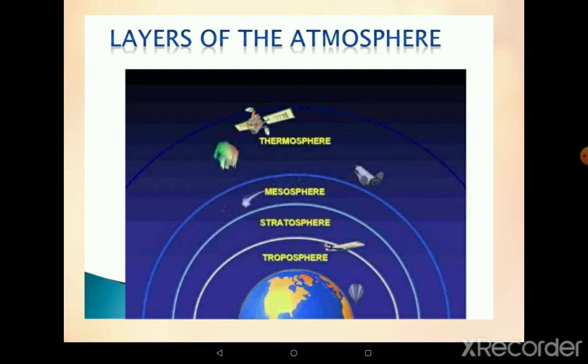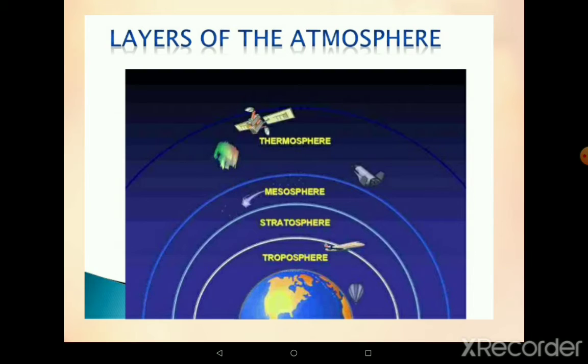Then we have the thermosphere. The thermosphere includes the ionosphere and it overlaps the mesosphere, and it continues to about 640 kilometers.